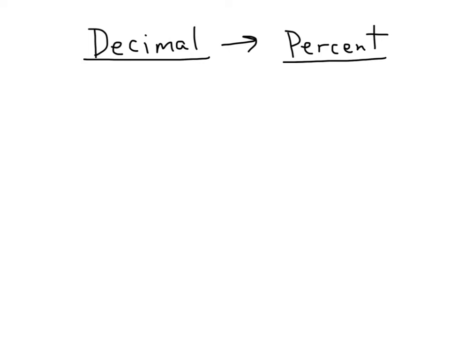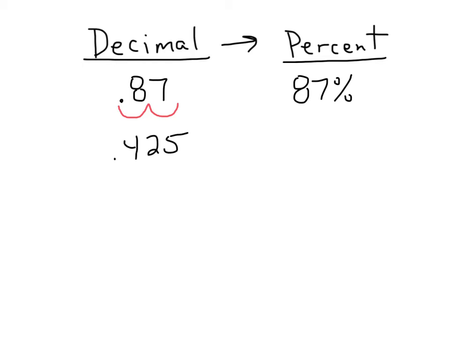If I want to change from a decimal to a percent, I just do the opposite. So if I have 0.87 as my decimal and I want to change it to a percent, this time rather than moving the decimal point 2 spots to the left, I'm going to move it 2 spots to the right. So 0.87 as a percent is 87%. If I have as a decimal 0.425, I want to move the decimal point 2 spots to the right, and my percent is going to be 42.5%.